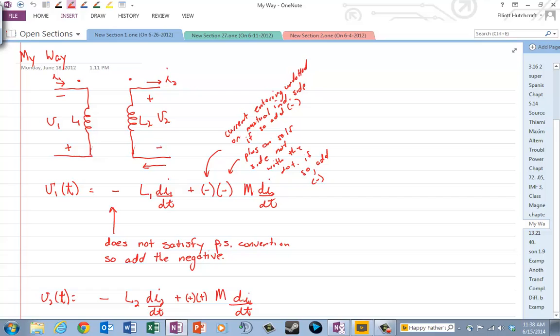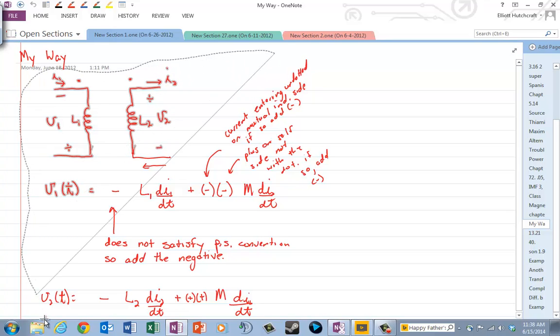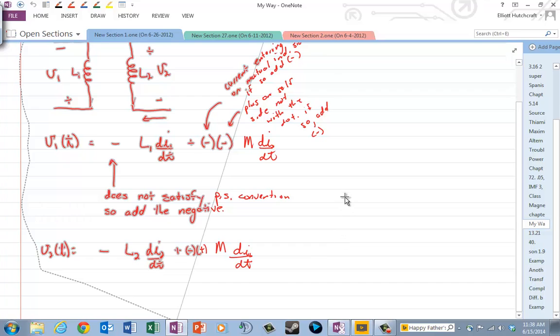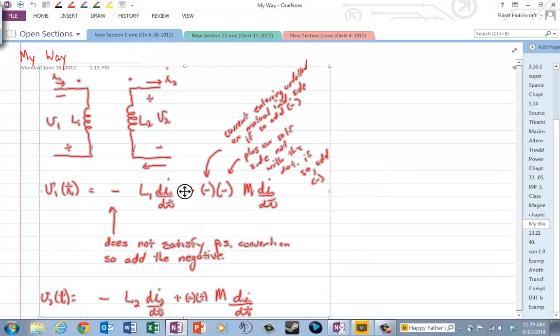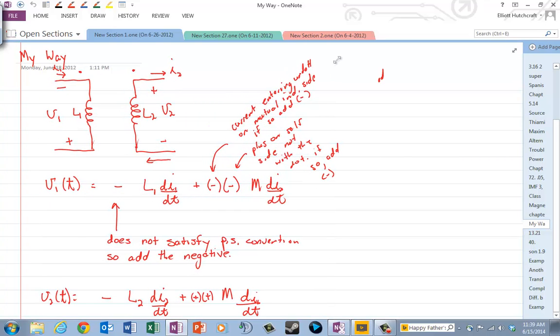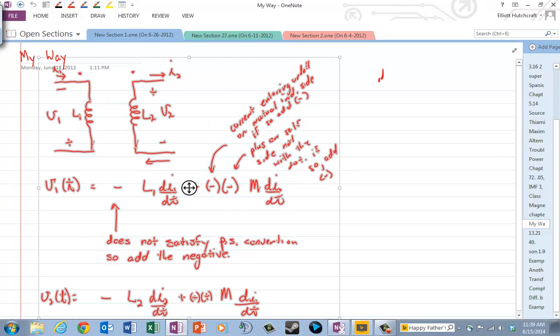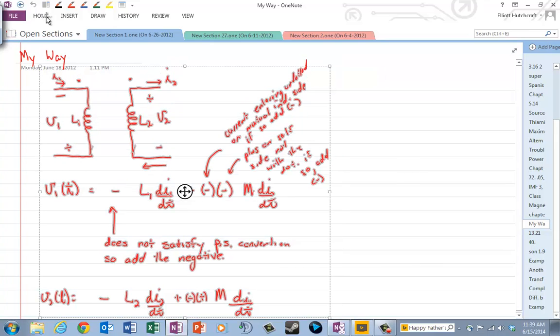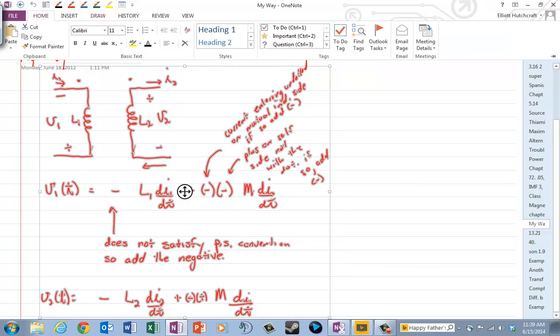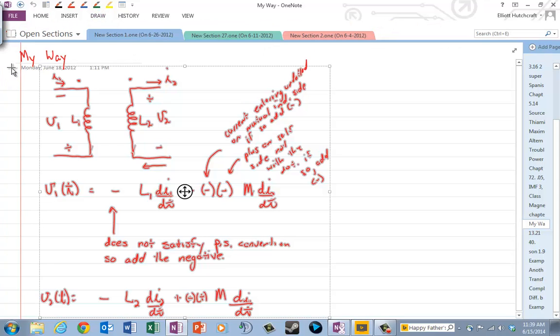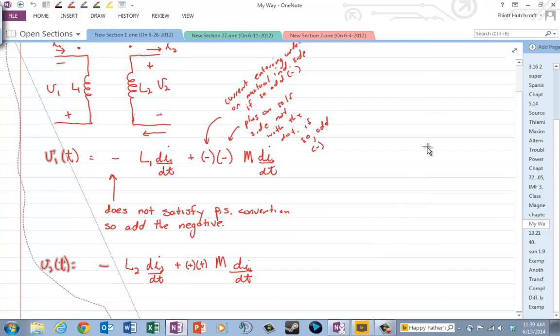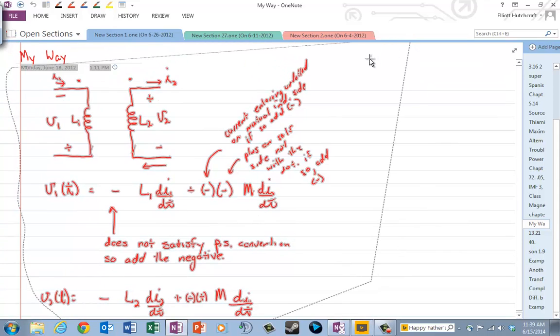I think this is the most important thing with mutual inductances, and that is, let's not make things hard on ourselves. Let's label it so we never have any problems with sign convention when we're doing it.